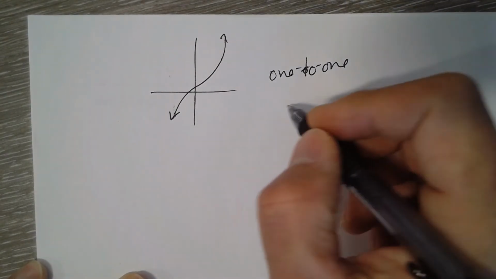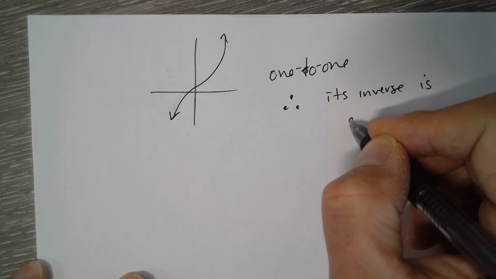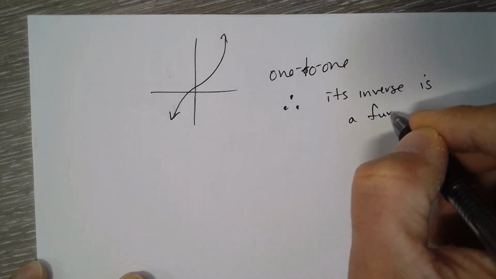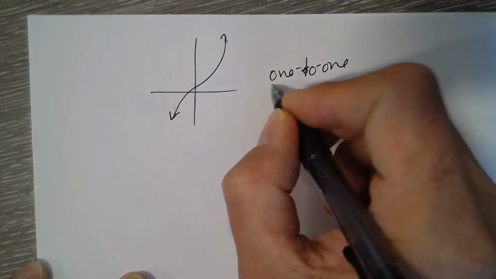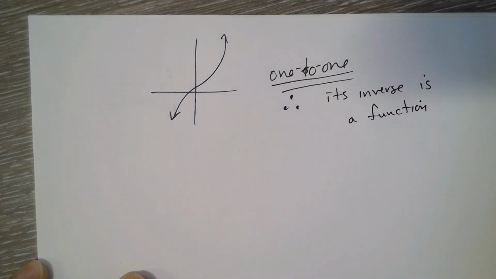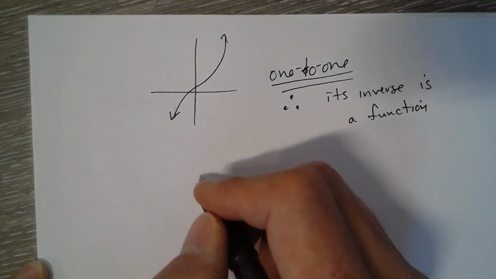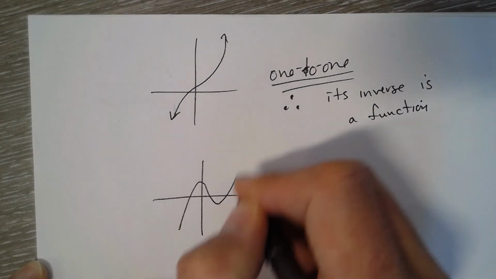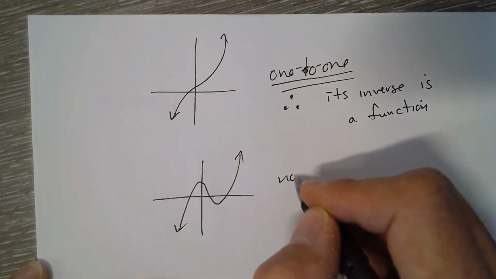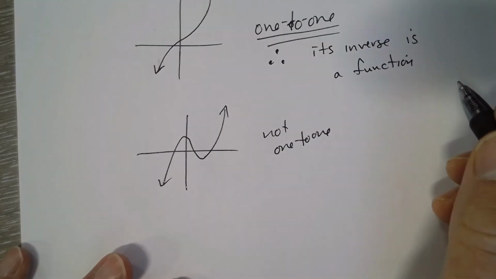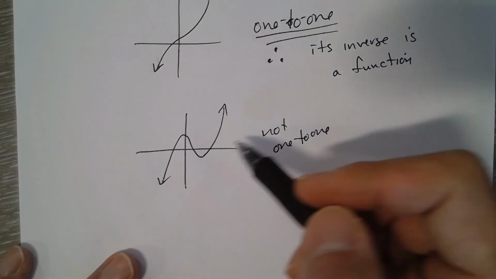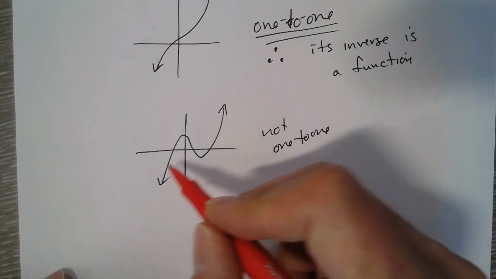So this is 1-to-1, therefore its inverse is a function because it's 1-to-1. And this is not 1-to-1, but it does have an inverse. Remember, the inverses are always symmetrical with y equals x.